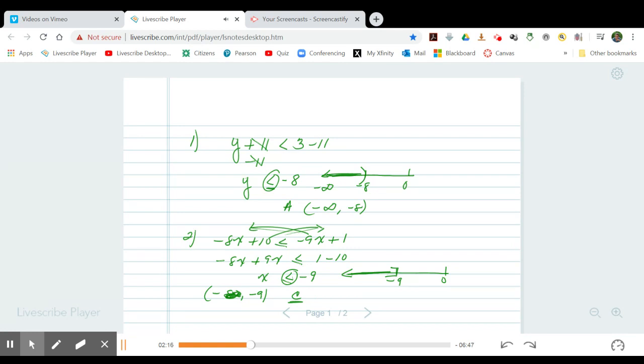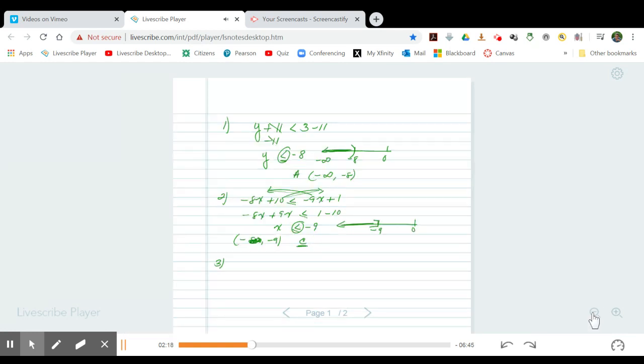Number 3, negative 3y minus 7 greater than or equal to negative 4y minus 6. Because we've got y's instead of x's, it's not an issue. We're just graphing, so don't get confused about the fact that we have y's here.